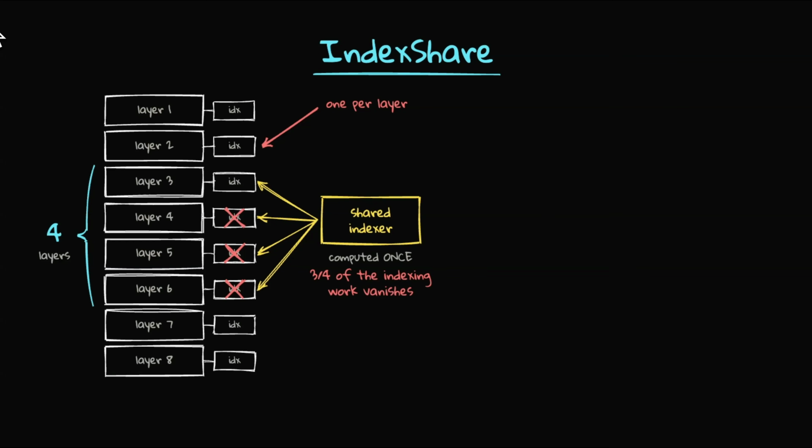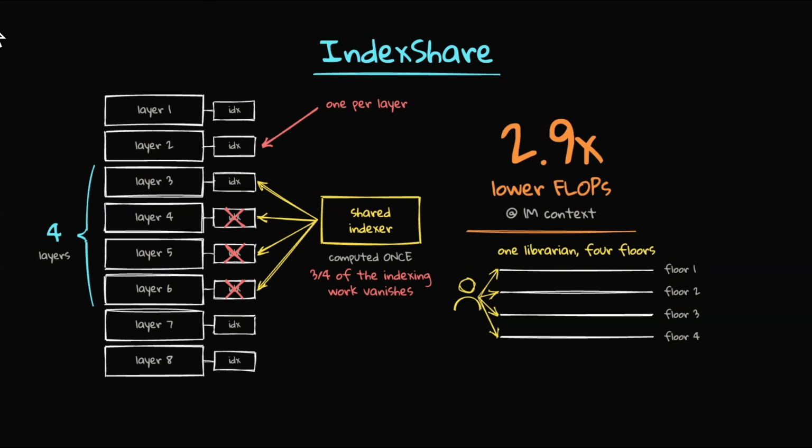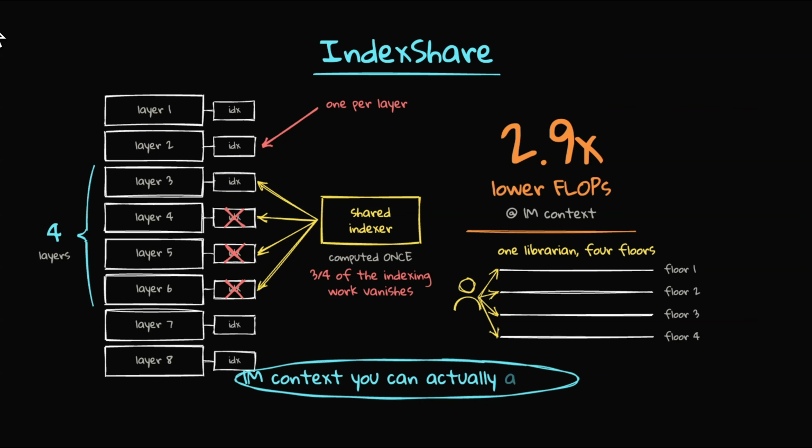The result is 2.9 times fewer compute operations per token at the full million context window. And it's the same librarian now serving you 4 floors of the building instead of hiring a new one for each floor, if we want to go back to that example. And this single trick actually makes it possible to serve these models at a 1 million context window.